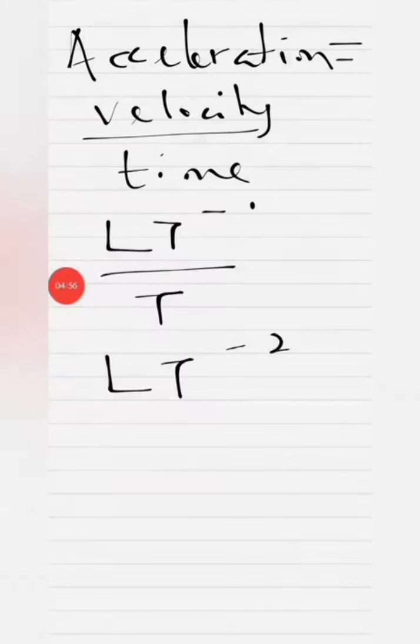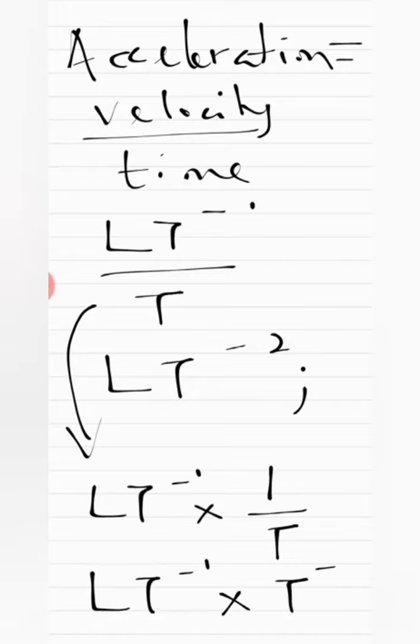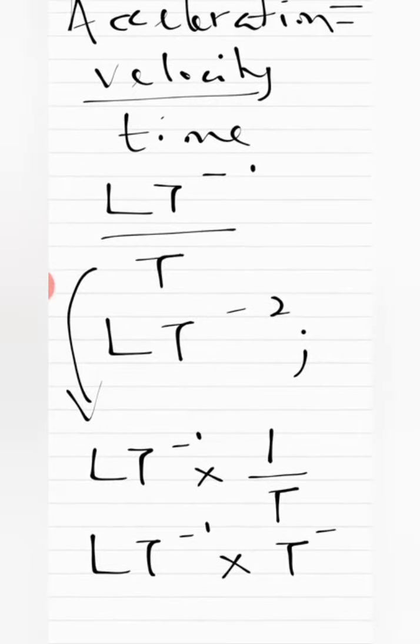What we did here is to say LT raised to the power minus 1 times 1 over t, which is LT raised to the power minus 1 times t raised to the power minus 1. Sorry about that. It's actually T to the power minus 1.